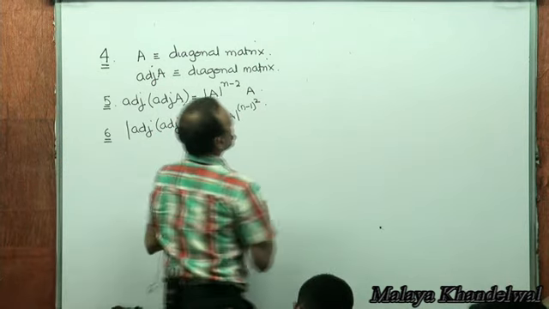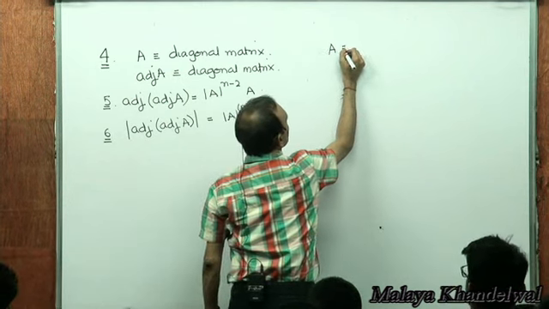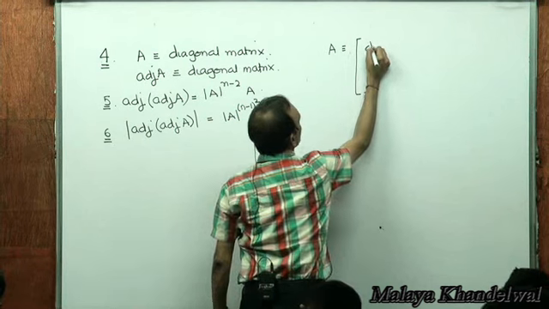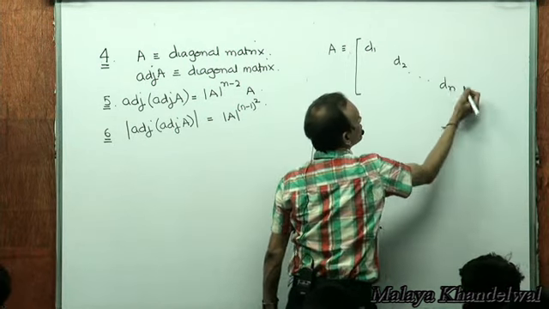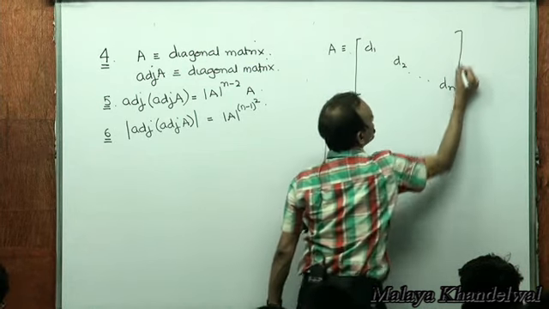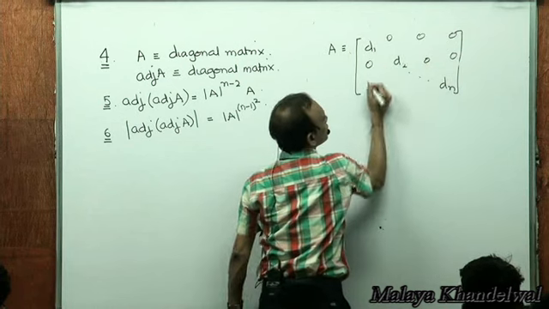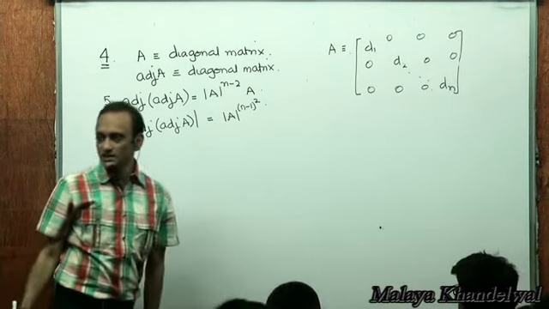One thing. If A is a diagonal matrix, there is, say, D1, D2, Dn, and all other entries are 0. It's a diagonal matrix.